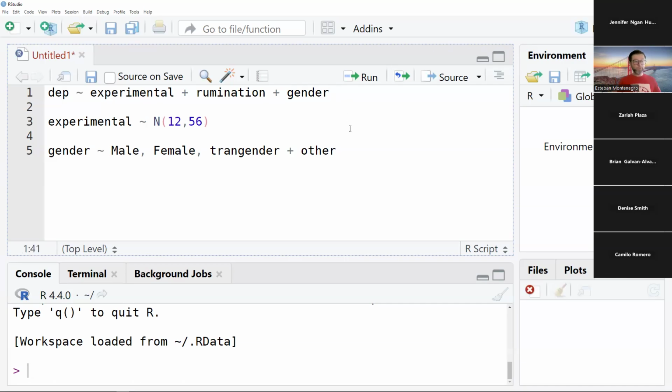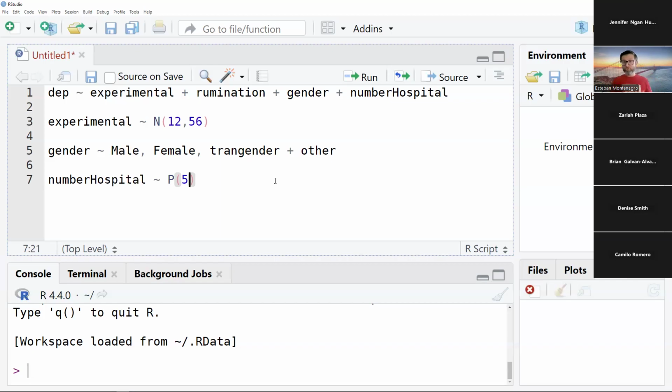Let's add another one: the number of times the participant was hospitalized because of depression. The number of hospitalizations could be Poisson distributed, with an average of 5.